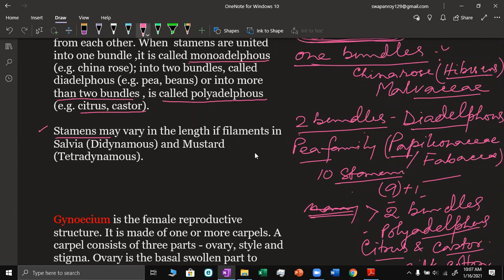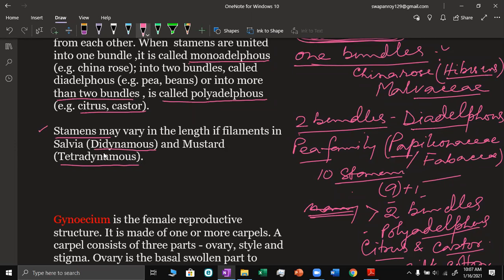They may be irregular also, meaning different stamens have different lengths. But in some flowers, this different length is in a fixed pattern, and there are two cases. One is called Didynamis and another one is Tetradynamis.